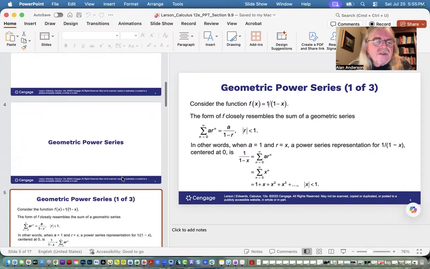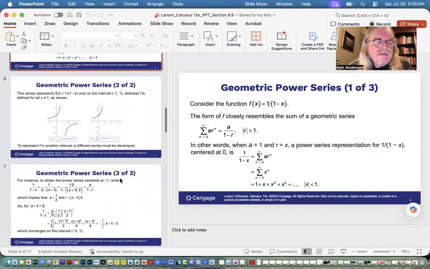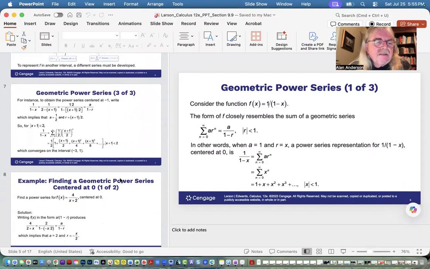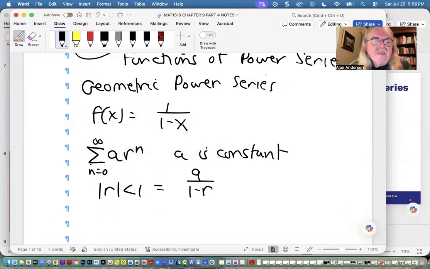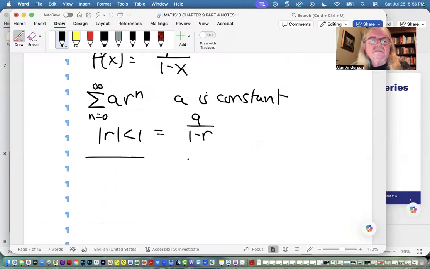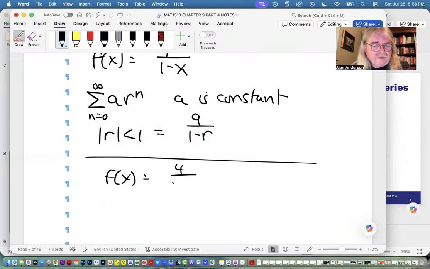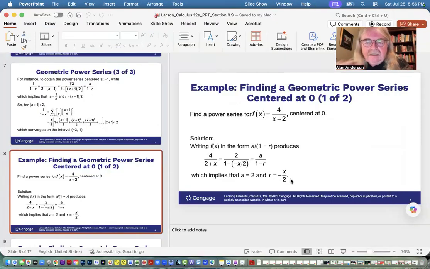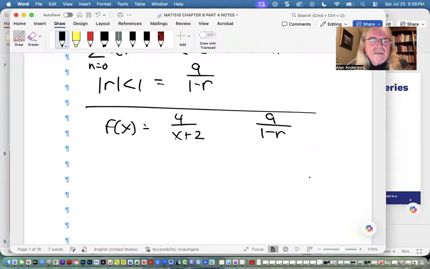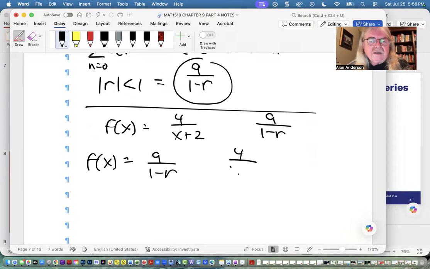Okay, so what are we going to do with this? All right, let's find a geometric power series centered at 0: 4 over x plus 2. So we've got to look at this and say, well, how does it relate to this? So we write the function as A over 1 minus R, like we have here. Compare it to 4 over x plus 2.